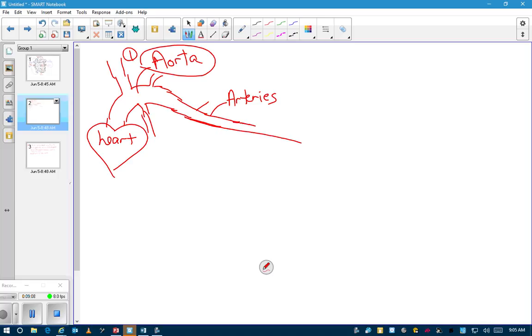So as they get smaller, they'll get smaller and smaller and smaller. Let me make sure I'm spelling right. Arterioles.